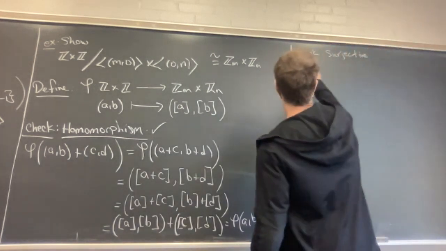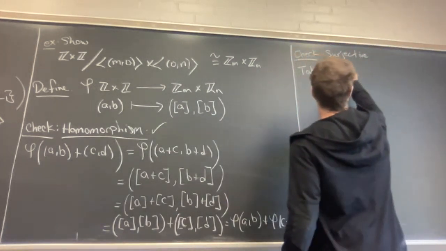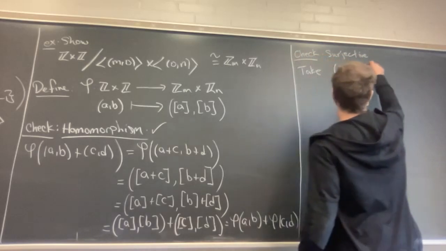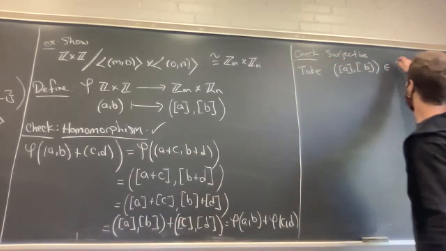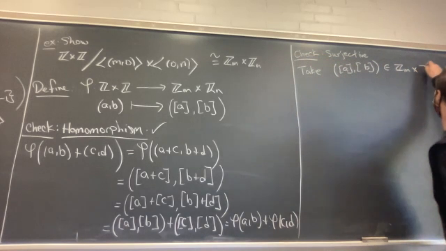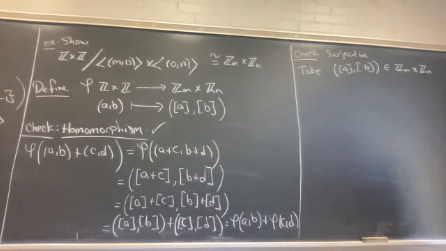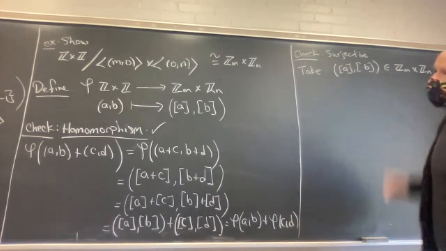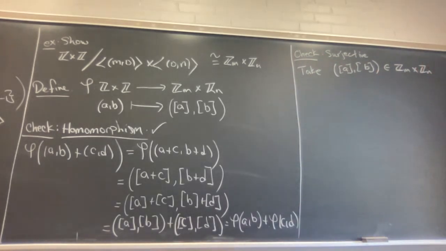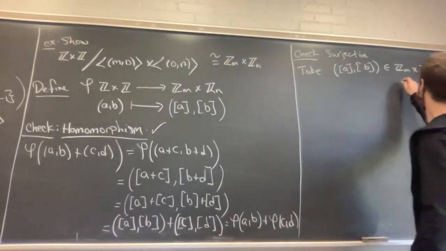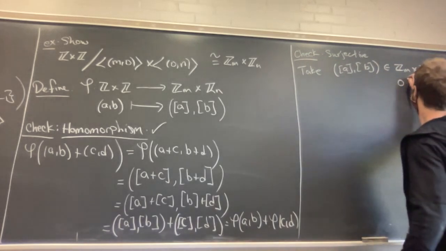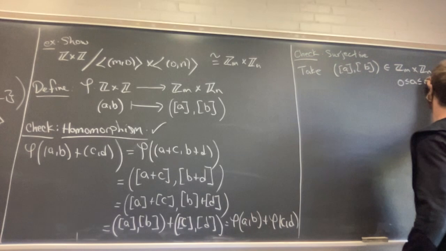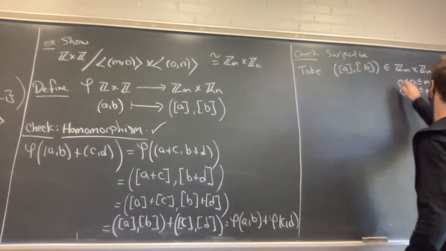So let's take equivalence class [a], equivalence class [b] from the target space, that's Zm cross Zn. Notice, because we're in Zm cross Zn, that tells us something about the values of a and b. Notice that a needs to be between 0 and m minus 1, and b needs to be between 0 and n minus 1.